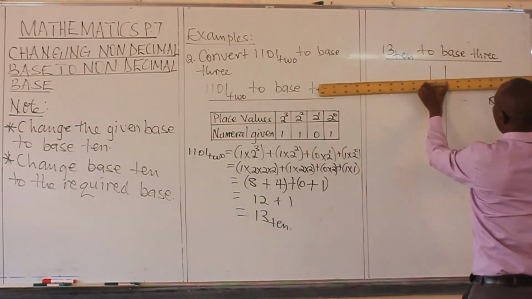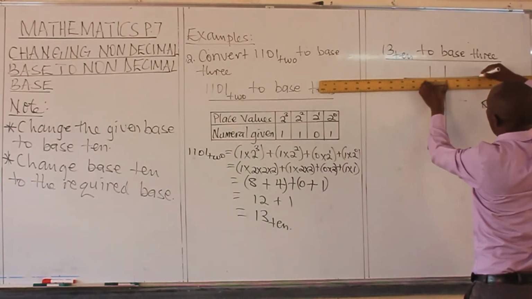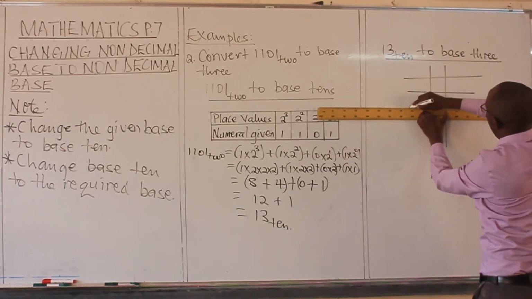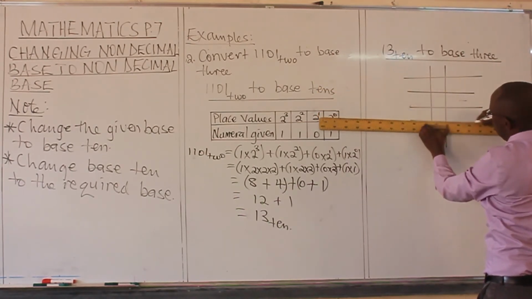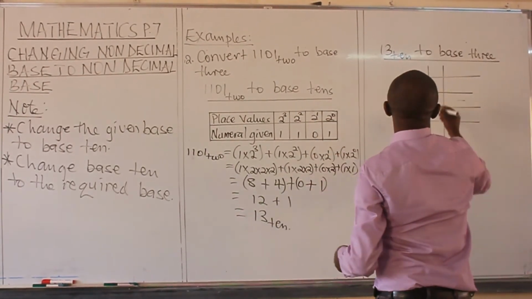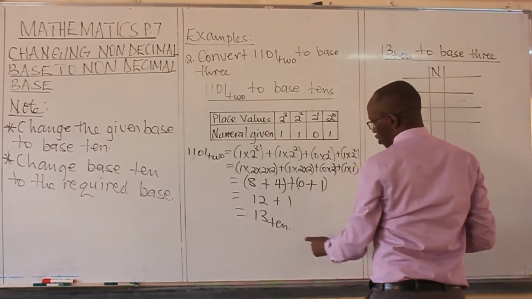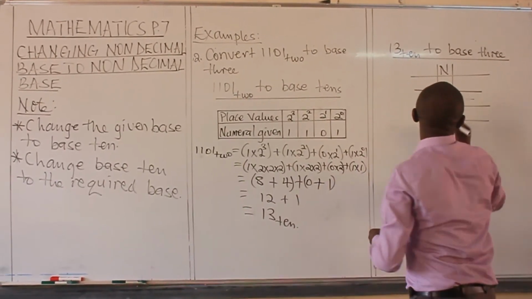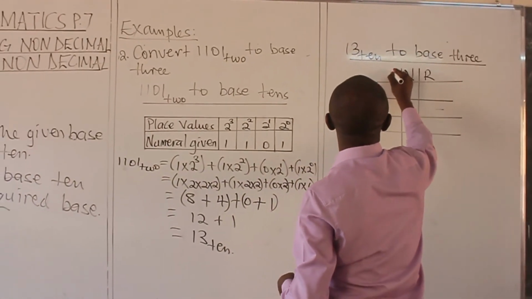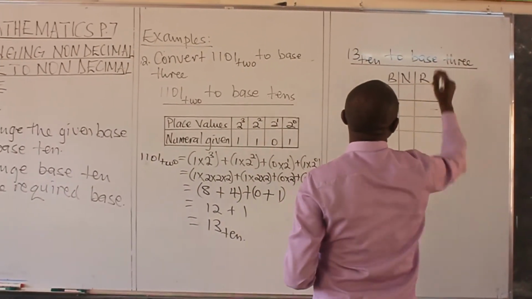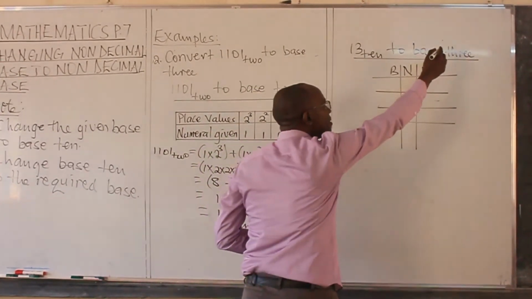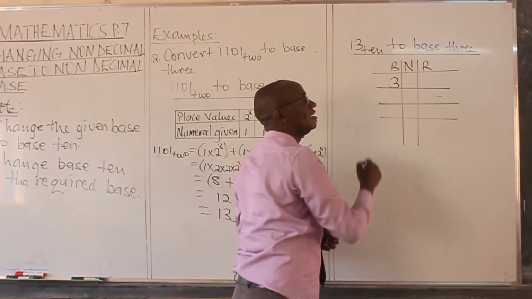Then we split here. Okay, so now after doing that, we fill in. This is capital N, which stands for the numerator in base 10, and R stands for the remainders, and B stands for the required base. The required base is base 3. So since the required base is base 3, we write 3 there.